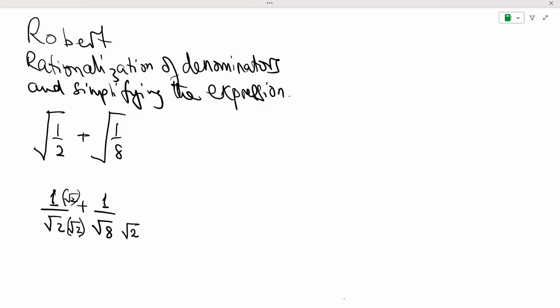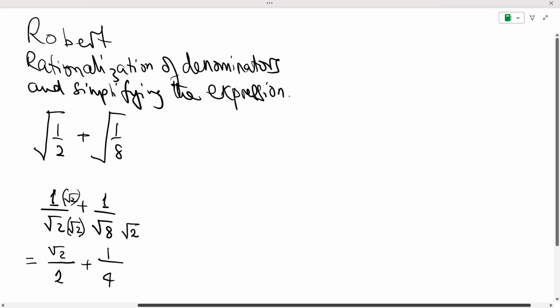So this expression now will become root 2 divided by root 2 multiplied by root 2, which will give us 2, plus 1 divided by root 16. And root 16 will give us 4.